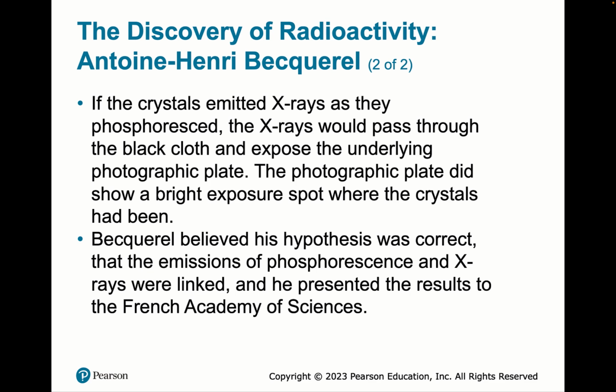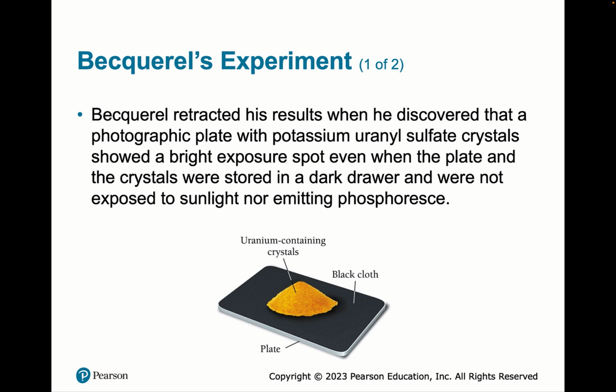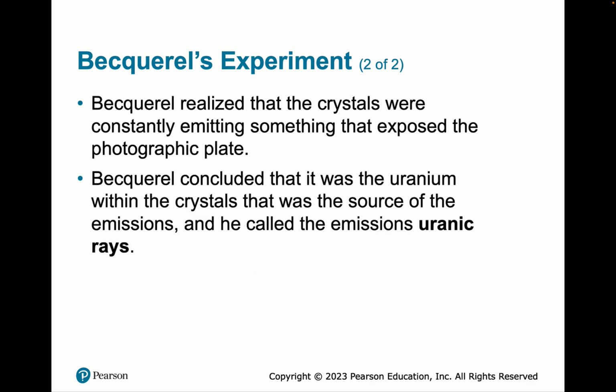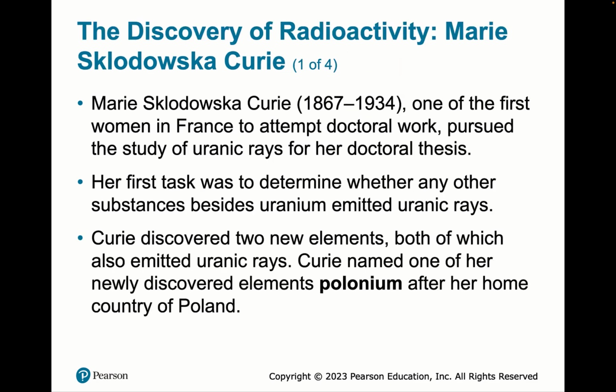I'm not going to go over this too much because this is just the history, although it is fascinating. And here it shows the manner in which he did it. Of course, he called them uranic rays, and he noticed that these do change things, but it was actually radiation.